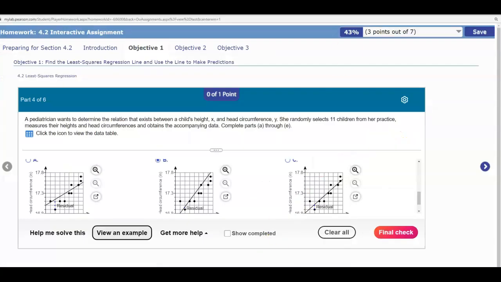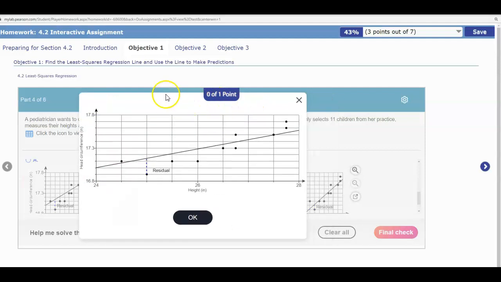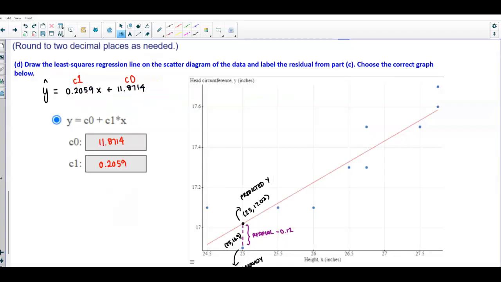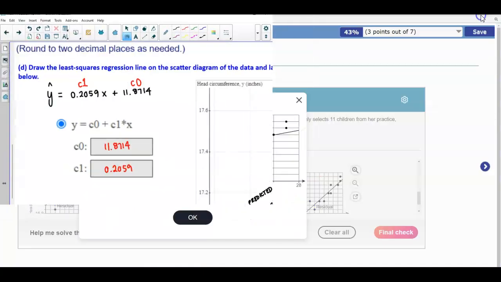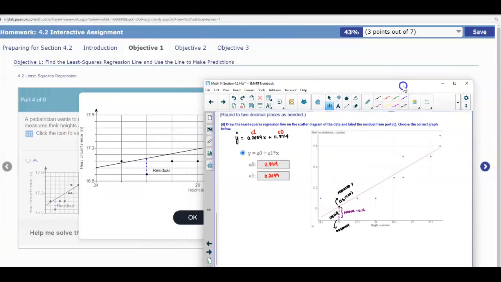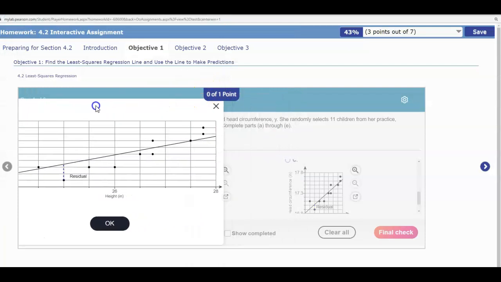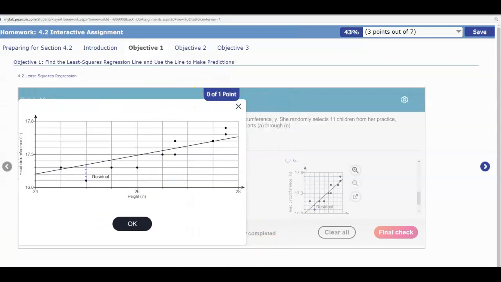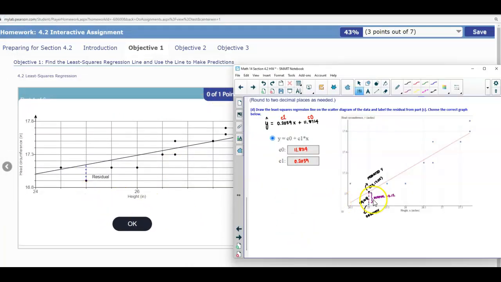Now, let's decide which graph this is. If we take a look at this first graph, we want to make sure that this matches. So let me minimize this a little bit so we can match this graph. Here we have this point. Recall that this is 25 and then 2.